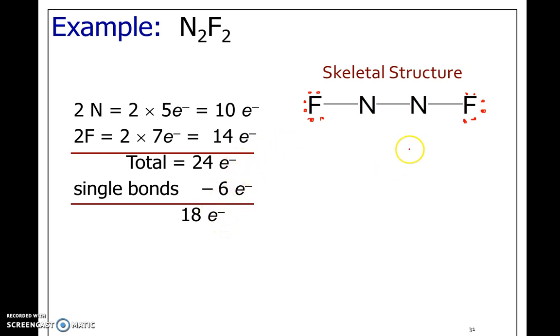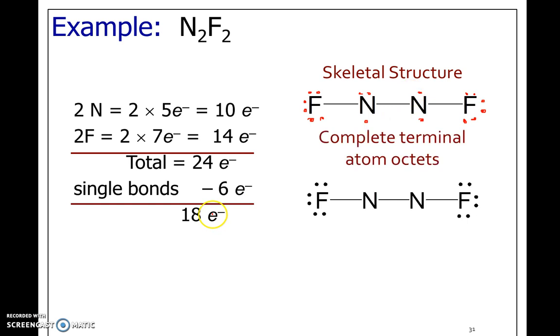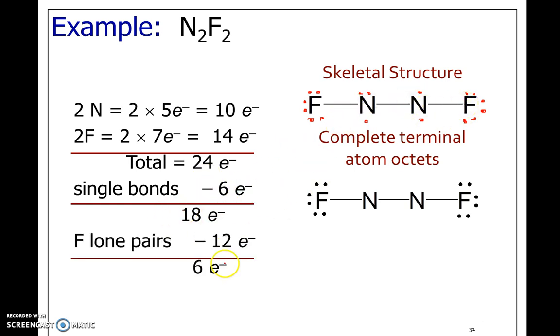Then you can go into the center atoms. So then you would have 1, 2, 3, 4, 5. Oh, where am I? Okay, sorry. We have 6 from the bond, so 2, 4, 6, and then 12 from the lone pairs.